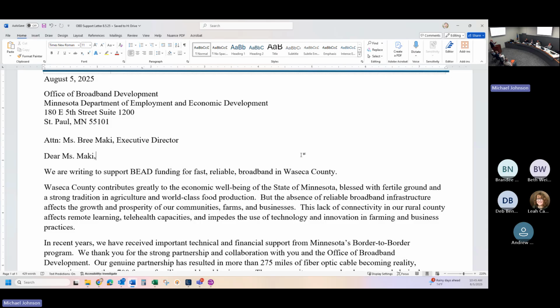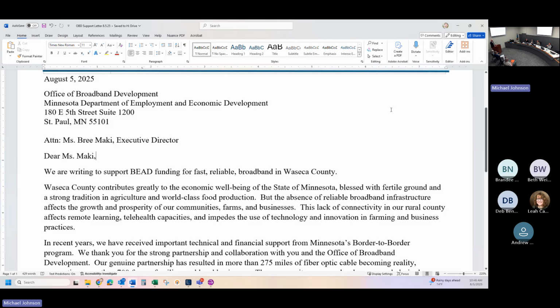So what we're really trying to do is make sure that Waseca, because we've expanded all of our programs through wireless, through fiber, we want to make sure that the BEAD funds, we won't have a lot of BEAD eligible connections, but to the degree that we can use the monies there for continuing our fiber optic cables to as many places as we can.